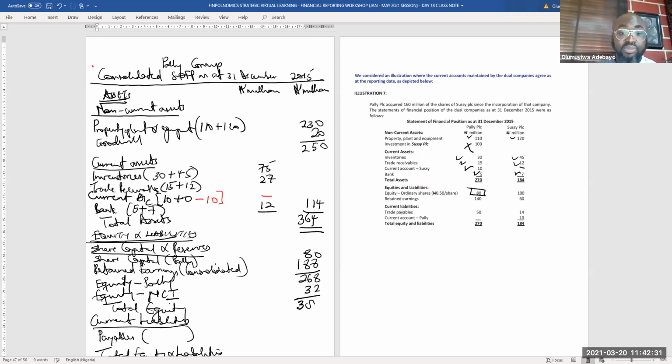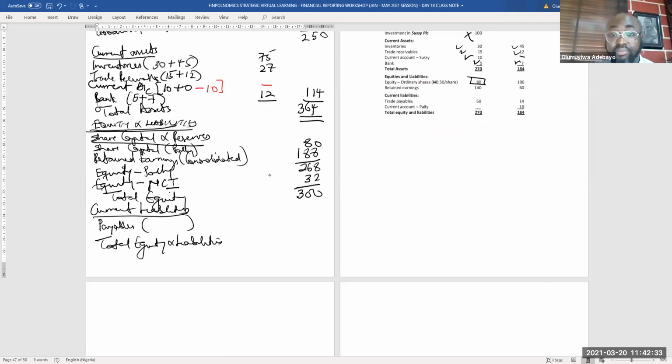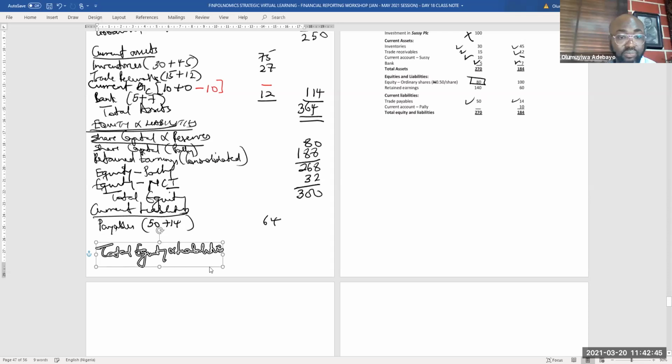What is payable? Payable is 50 and 14. That is 64. And we have current accounts. Here is nil. Here is 10. That is 0 plus 10.